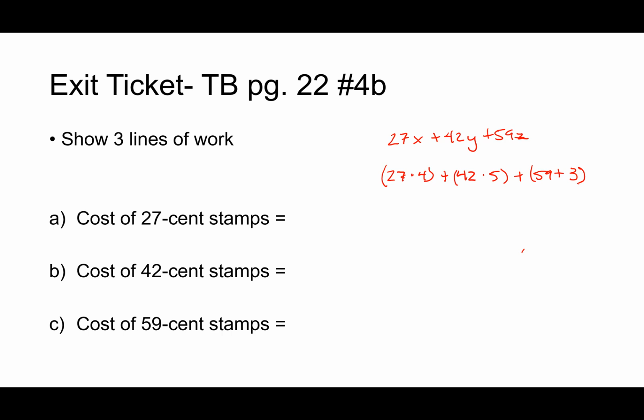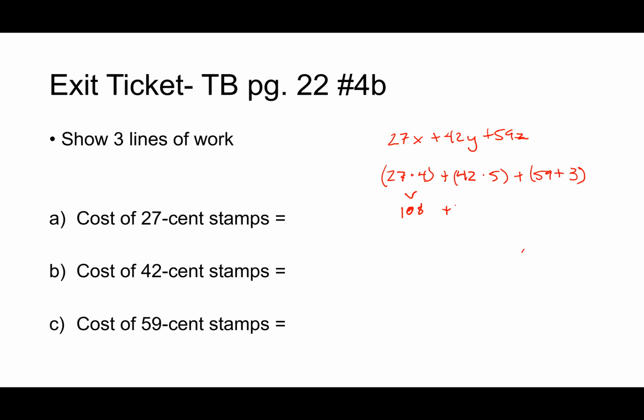All right, let's do this in our heads. You guys ready? Okay. 27 times 4. I would do 25 times 4, which is 100, and 2 times 4, which is 8, and I would add those together and I would get 108. Good. And let's do 42 times 5. 40 times 5 is what? 200.